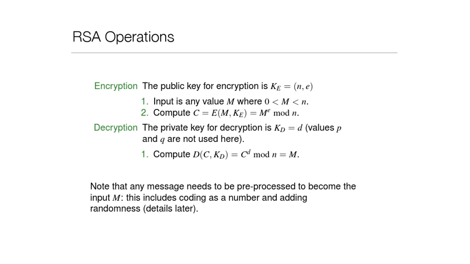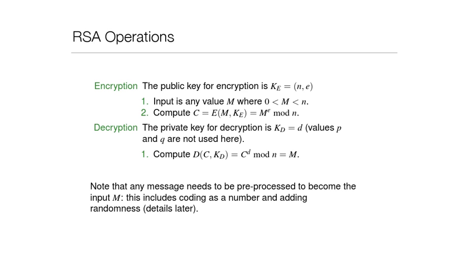The input is any value M within the range 0 to N. We compute the encryption as M, the message value, to the power e mod N. We often use C equals E(M, KE) as the notation for encryption, not only for RSA but for any encryption scheme.